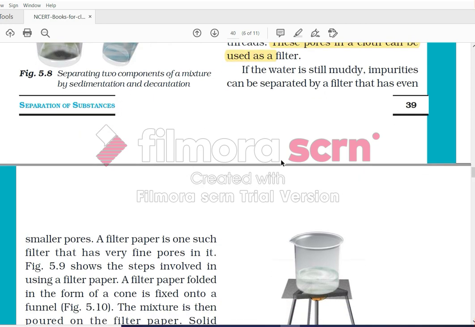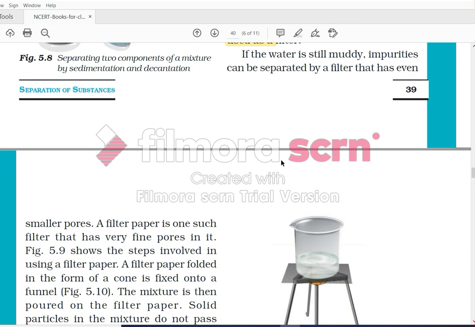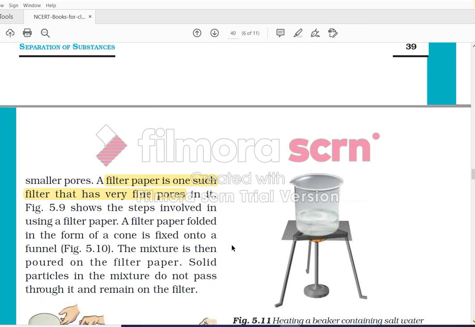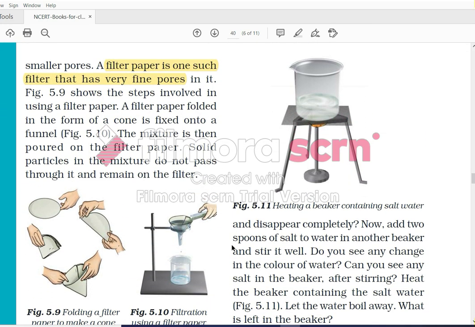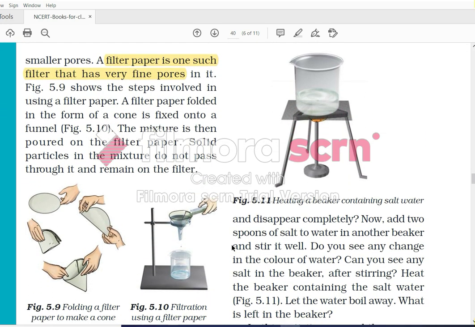If the water is still muddy, impurities can be separated by a filter that has even smaller pores. A filter paper is one such filter that has fine pores. If we need more separation to remove the dust particles fully, we need to use the filter paper.